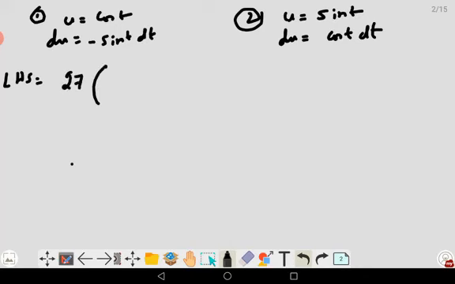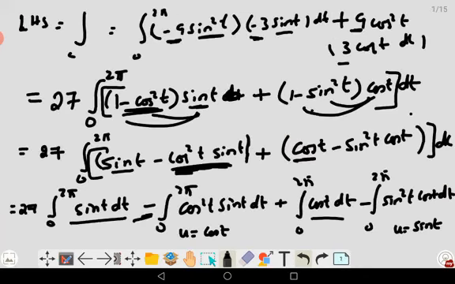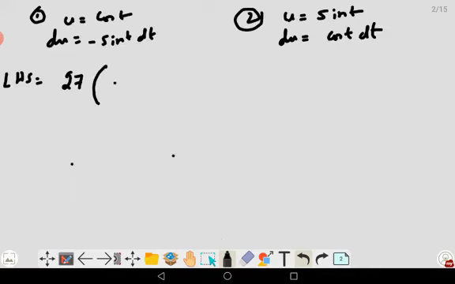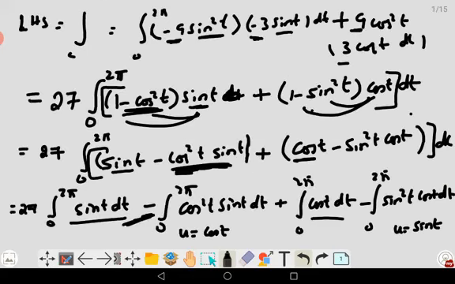First integration of sin t will be giving you minus cosine t, 0 to 2π. Second integration, the negative goes inside because negative sin t dt is du. So this negative and this sin t will be du. So this is u square du.